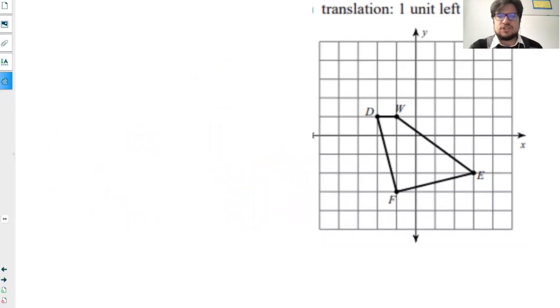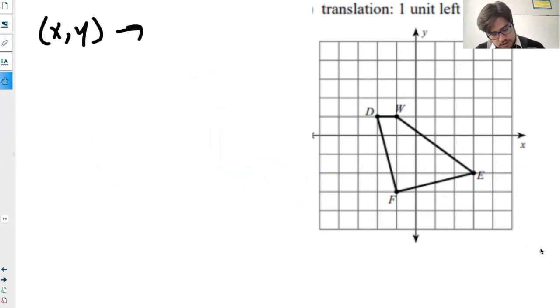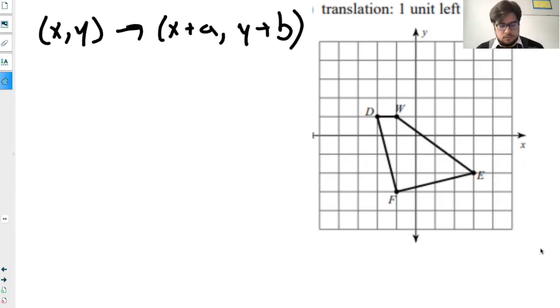Let's check this one out. Translation: 1 unit to the left and 2 units up. Okay, let's write down our rule. What is our rule for translations? Well, we go from (x, y) to (x + a, y + b).